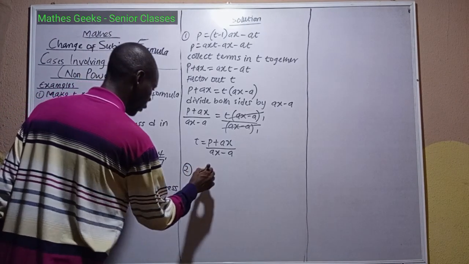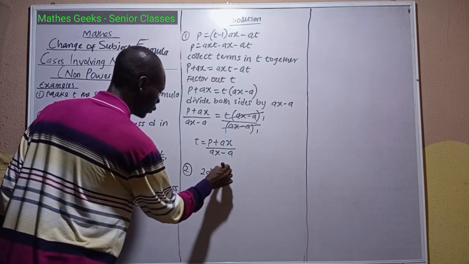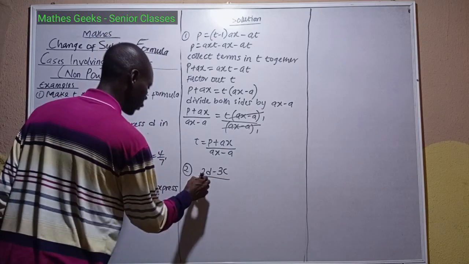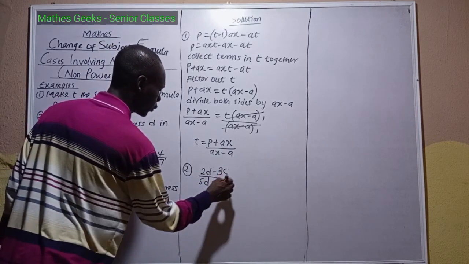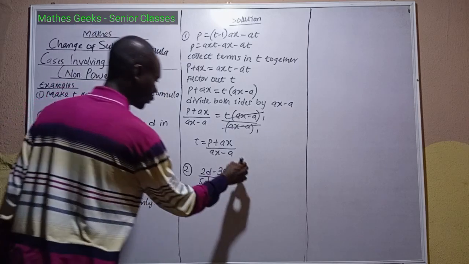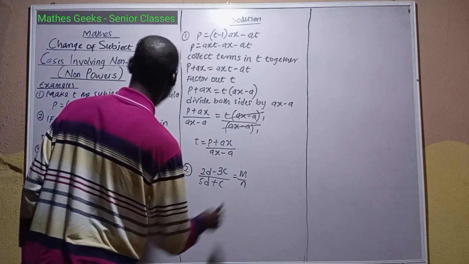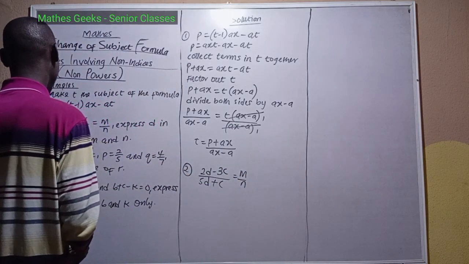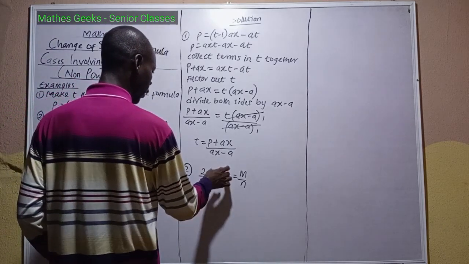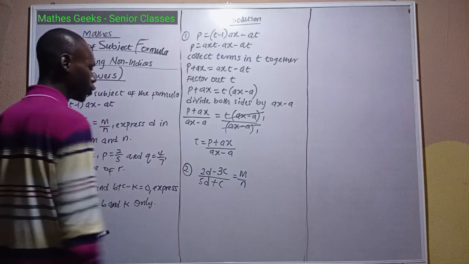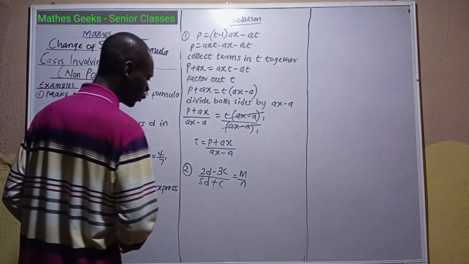If (2D minus C) over (5D plus C) equals M over N, express D in terms of C, M, and N. If you have to express D in terms of C, M, and N, it means you have to make D the subject of the formula. So what do we do?